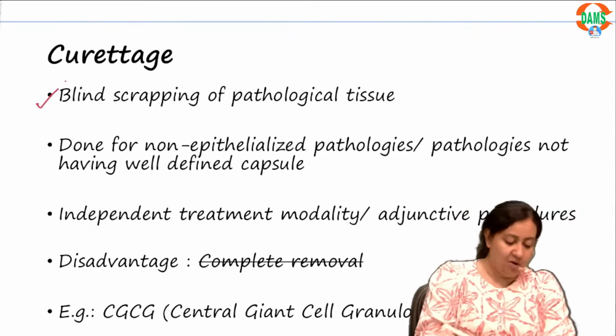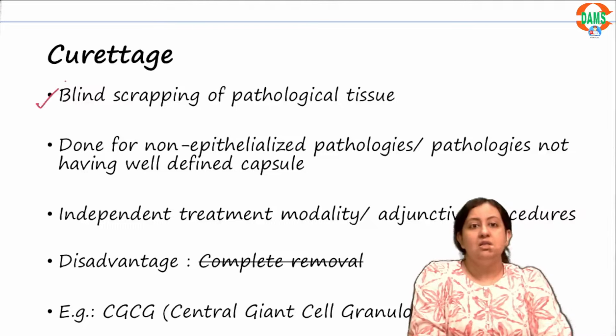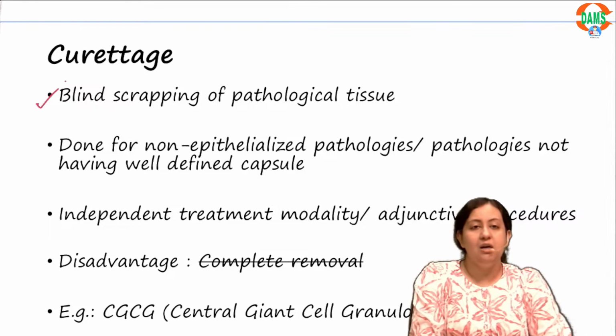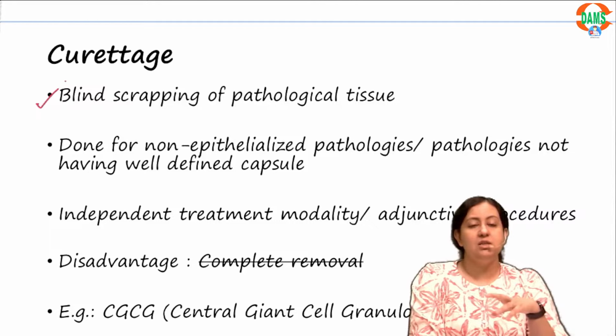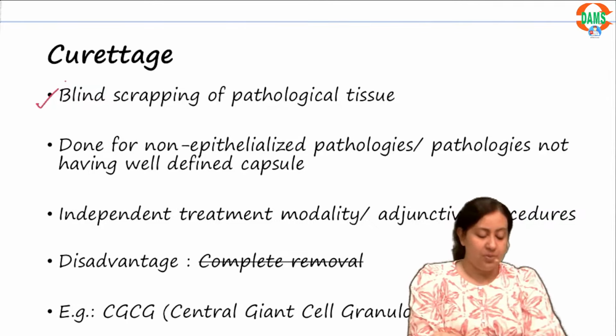This is basically done for non-epithelialized pathologies or pathologies which do not have a well-defined margin or which are not well encapsulated. So basically for ill-defined, diffuse pathologies which do not have proper borders.